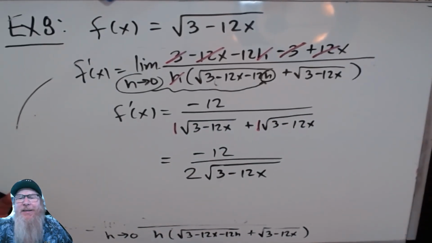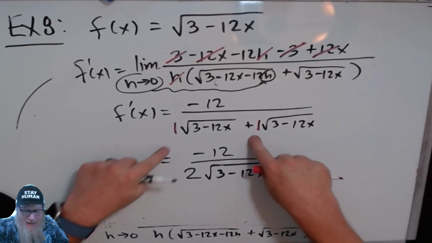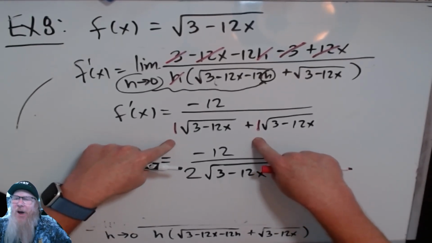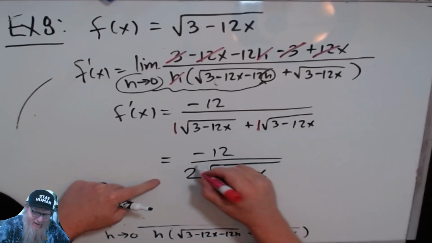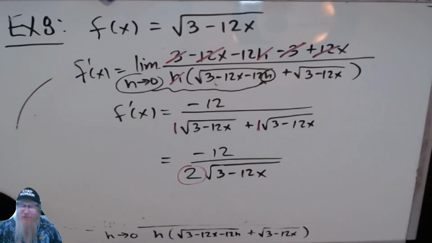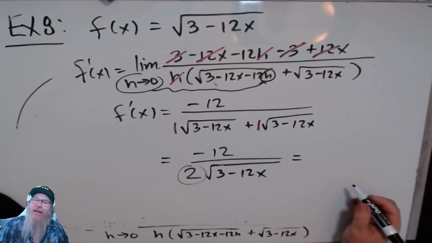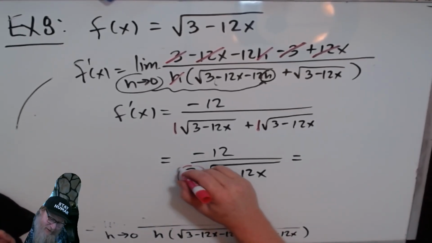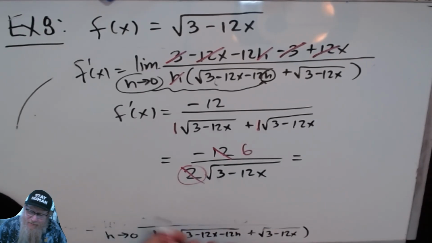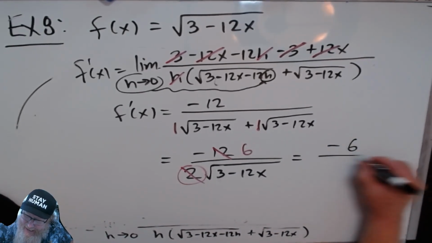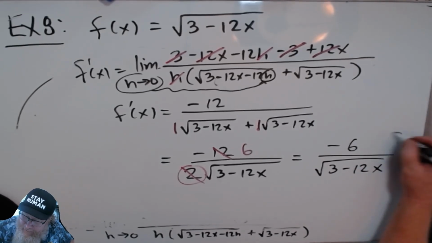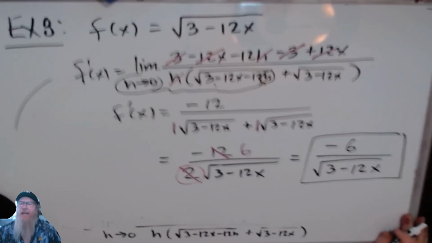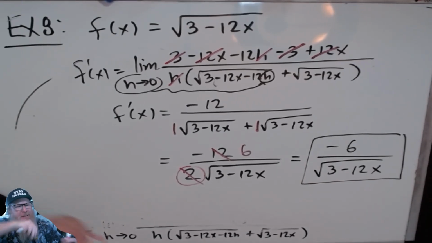I'm sorry to belabor this point, but it is such an important and often overlooked point, that those are two invisible 1s that combine together to become that 2. And then you get another canceling. The 2 cancels with the 12, and your final answer is negative 6 over the square root of 3 minus 12x. And that, my friends, is the derivative.